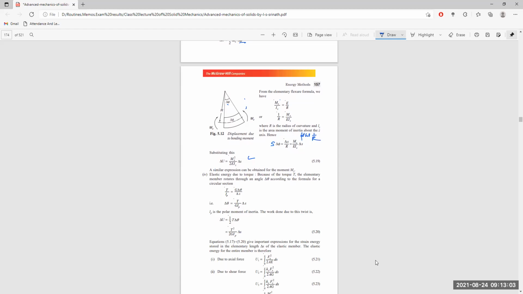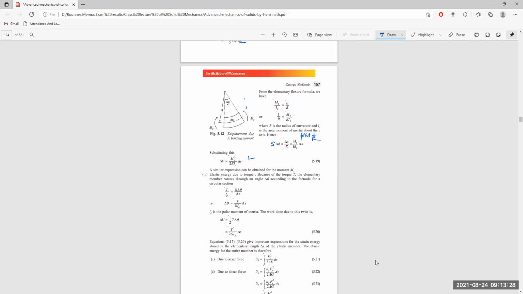A similar expression can be obtained for the elastic energy due to torque. Because of the torque T, the elementary member rotates through an angle delta theta according to the formula for a torsional moment. Let us consider the torque acting as Mx itself.